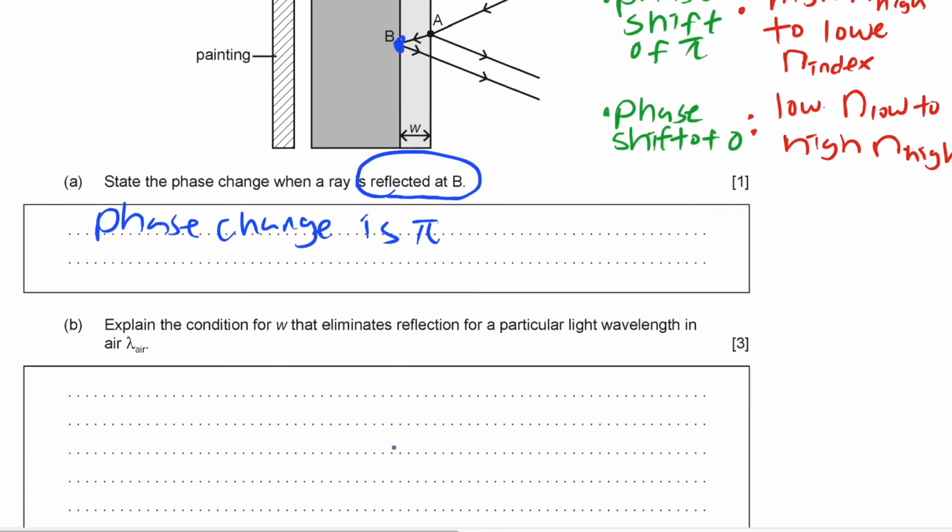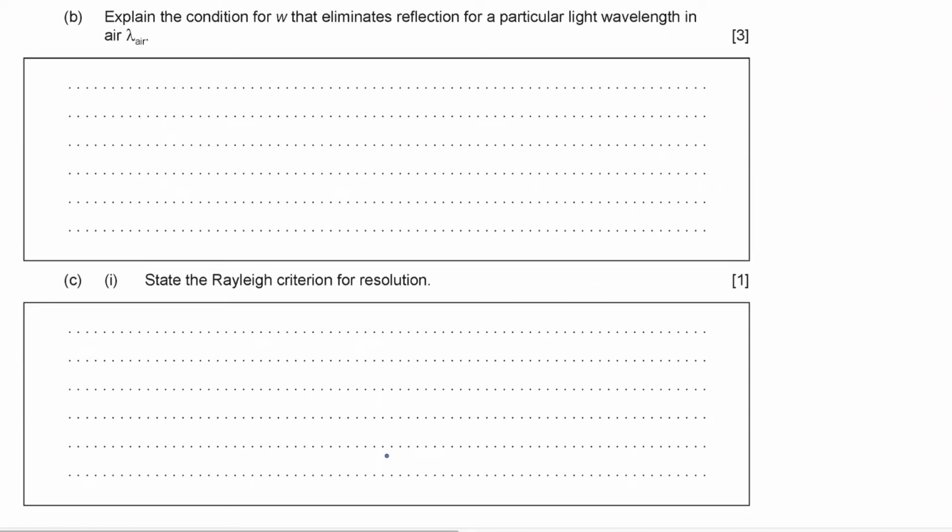Explain the condition for w that eliminates the reflection of a particular wavelength lambda air. So we want to eliminate the reflection experienced by light in the medium of air. To eliminate the reflection, a destructive interference is required.